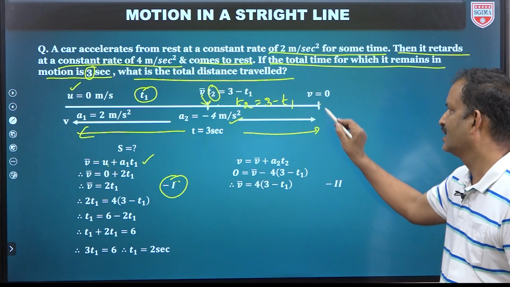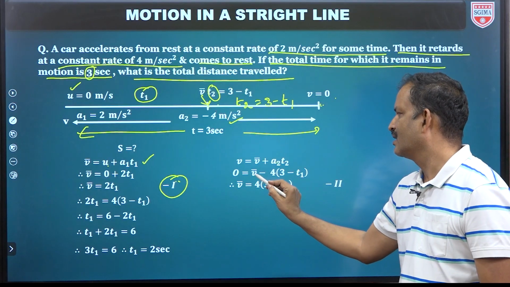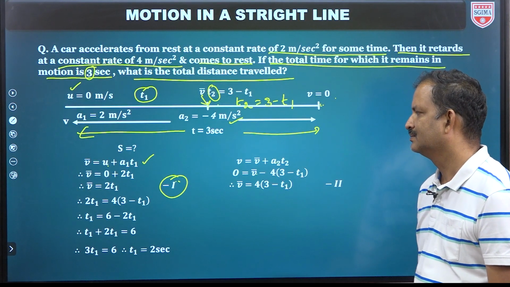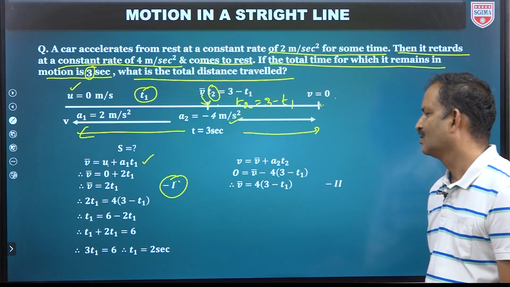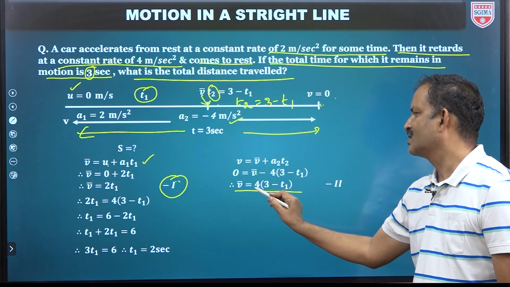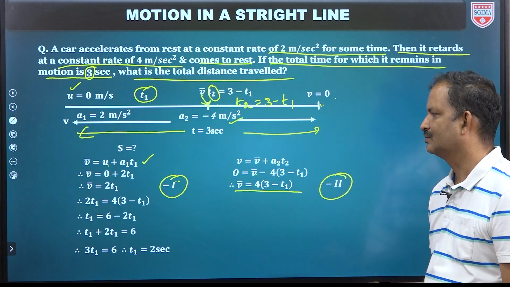Here the final v is 0, and initially here v, minus 4 into 3 minus t1. So, from this equation, I got v is equal to 4 times 3 minus t1. This is equation number 2.